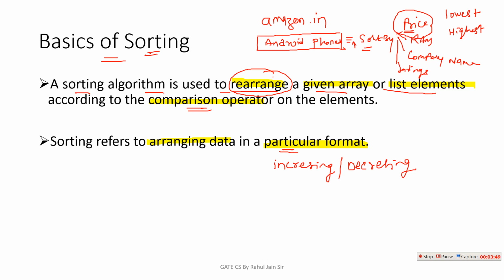Sorting simply means rearranging the data according to the comparison operator, that is, in what order we need to sort. If we talk about a banking scenario, there is a database of employees, there is a database of customers. Suppose we want to search for any particular employee, we can sort by employee name, we can sort by employee ID, we can search bank name by IFSC code.